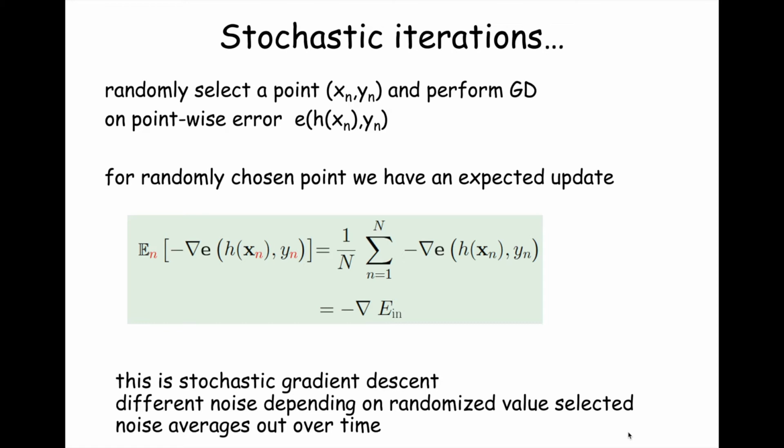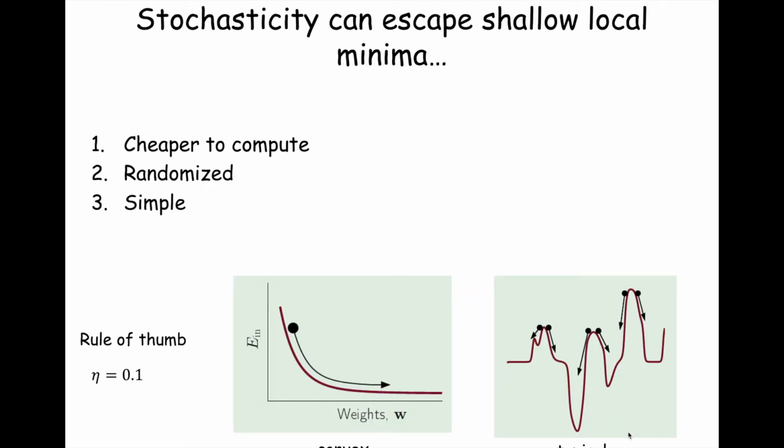And so this stochastic gradient descent has some desirable properties. Some of those properties are as follows. It's, for one, cheaper to compute. Instead of batch mode over 1,000 data points in sample or 100,000, you're doing it one point at a time, and it's also randomized. Because it's randomized, it exhibits some of those properties we talked about with these multi-dimensional surfaces.